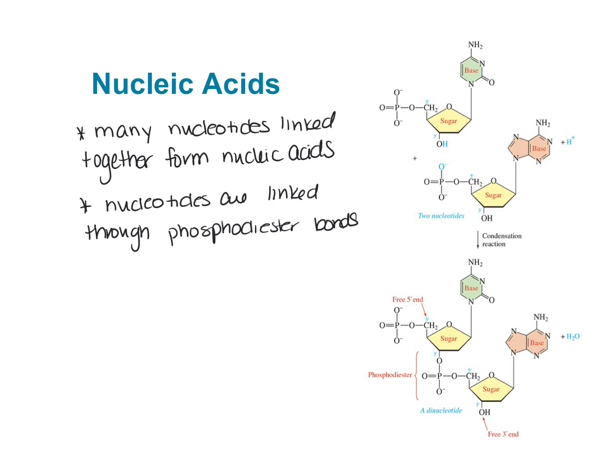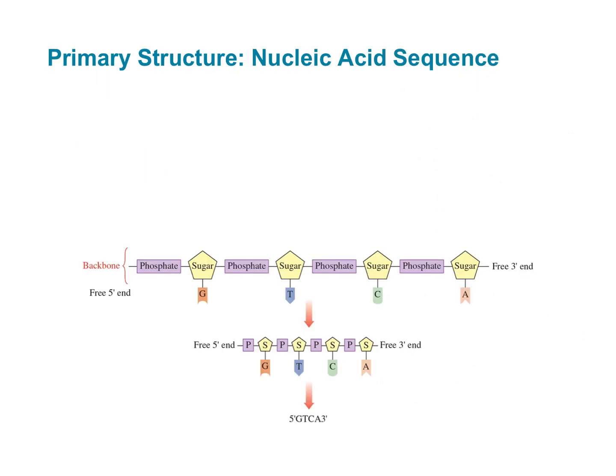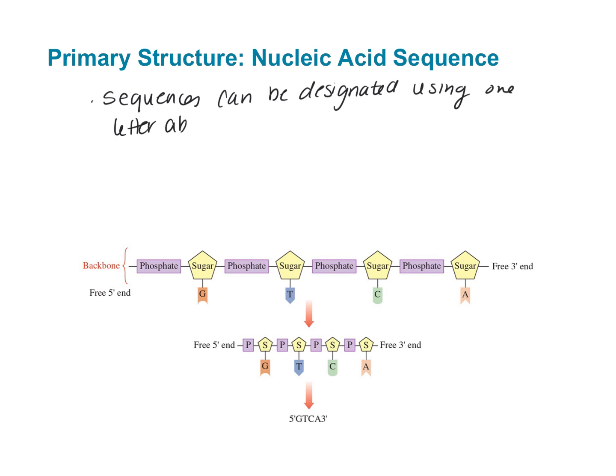Now, similar to what we saw with the primary structures of proteins, we also have primary structures of nucleic acids, and that's just the sequence. Now, these sequences can be designated using one letter abbreviations.